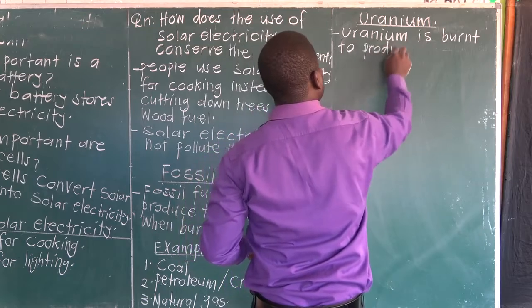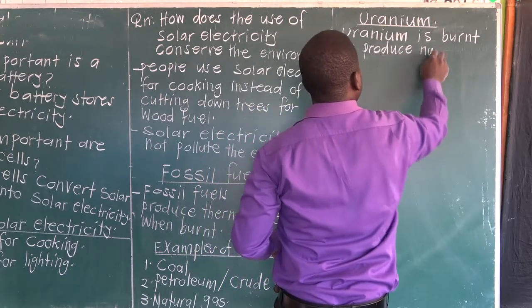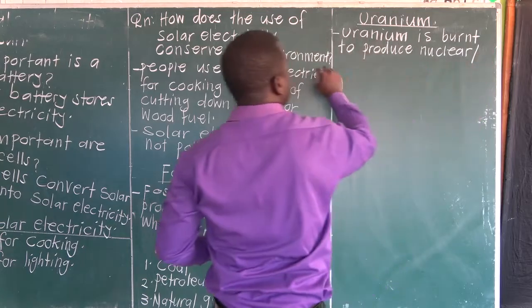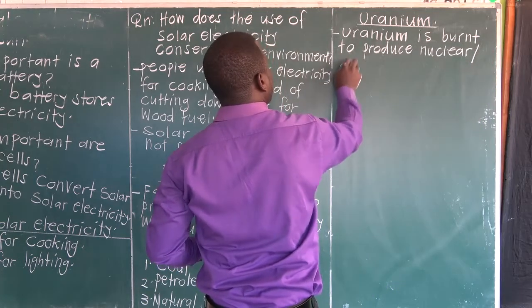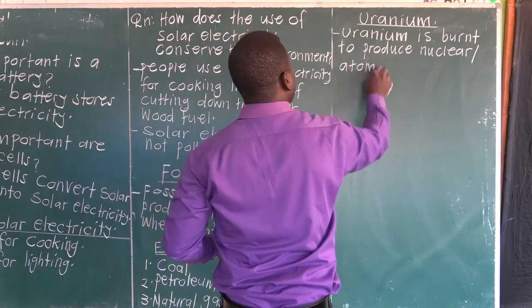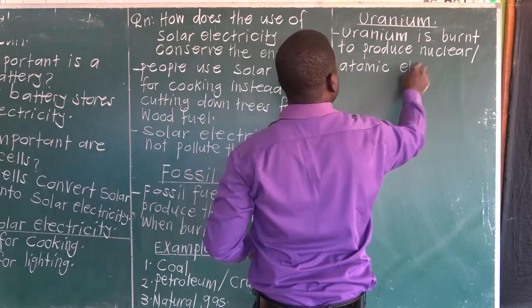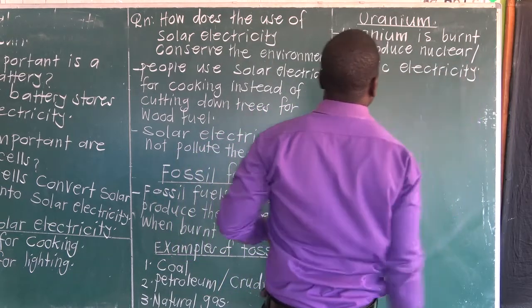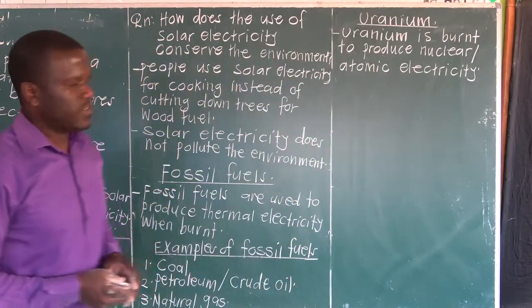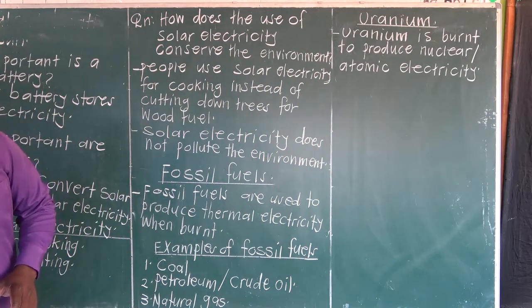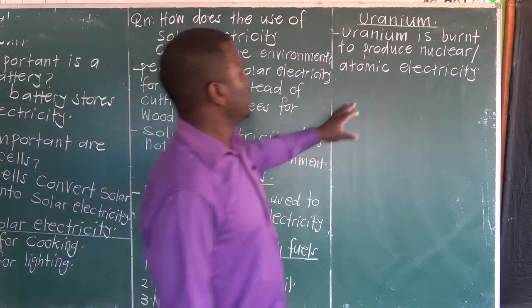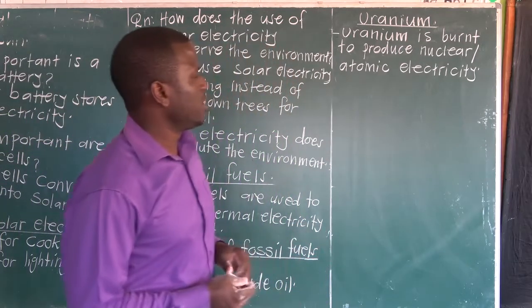You can call it nuclear or atomic electricity. Uranium is burnt to produce nuclear or atomic electricity.